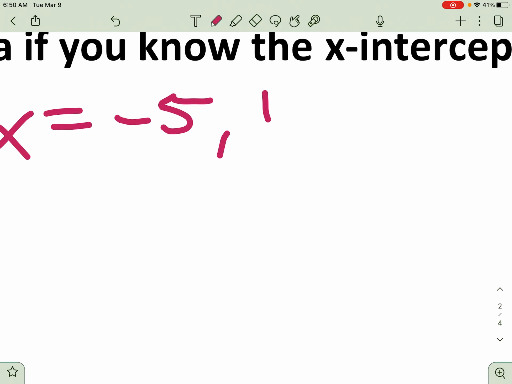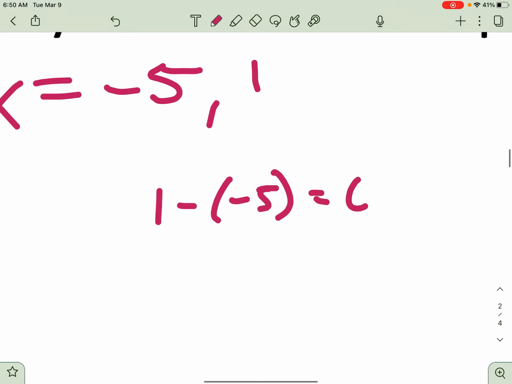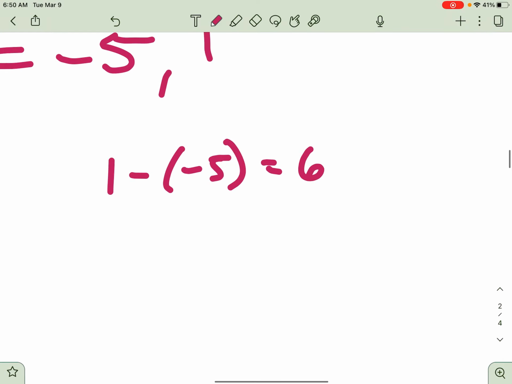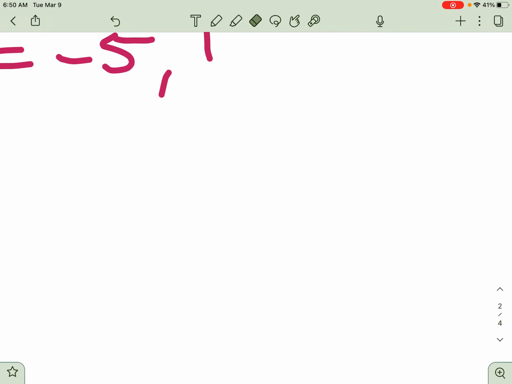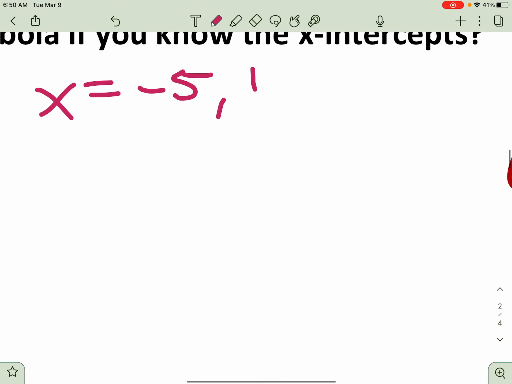There are 6 spaces. 1 minus a -5 gives you a +6, and so 3 spaces in between puts you at -2.